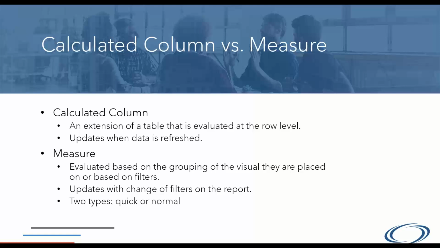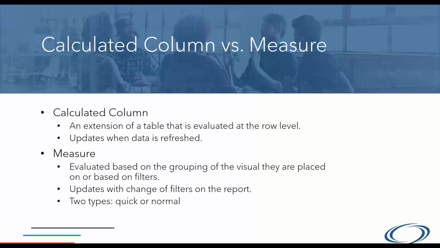There are some situations where only one option will work, or only one option will give you the correct answer. So the things to note, we already talked about calculated columns are going to use less resources because they only update when the report data is refreshed, where measures update every time something is changed. So that's something to think about when you're choosing calculated column or measure.